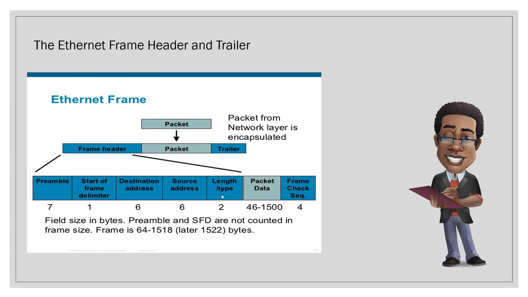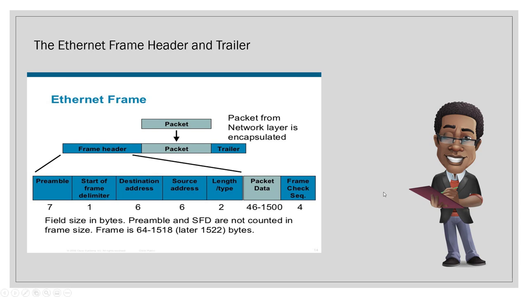So it tells you the type of protocol that's listed inside of the frame. And that protocol is most likely IPv4 or IPv6 because the data link frame services the network layer, which is the layer above data link.